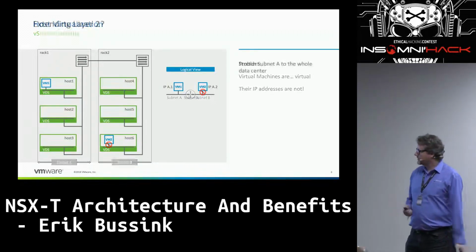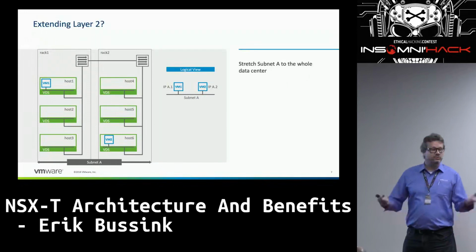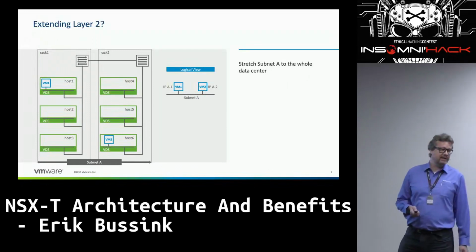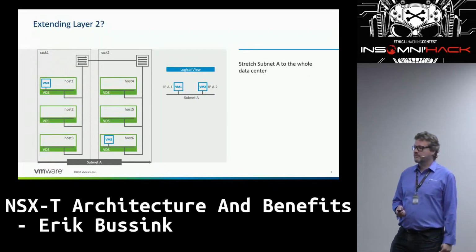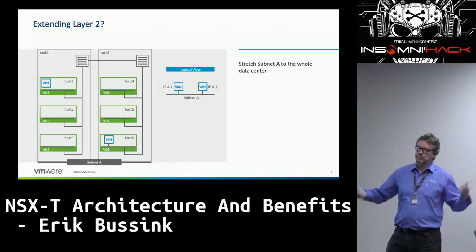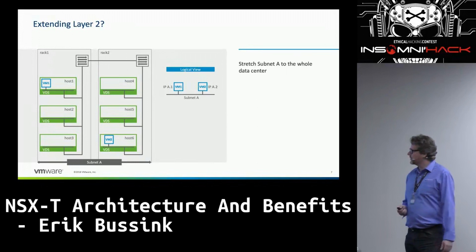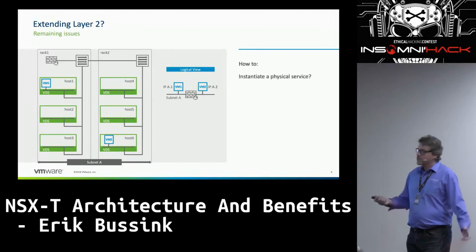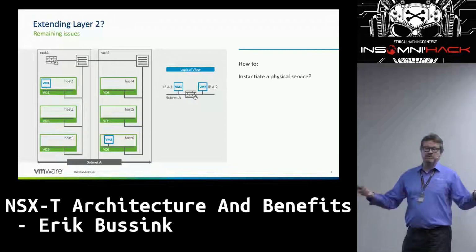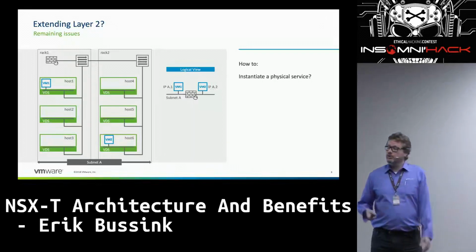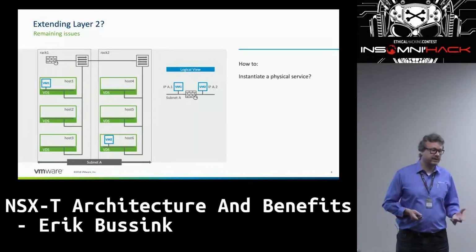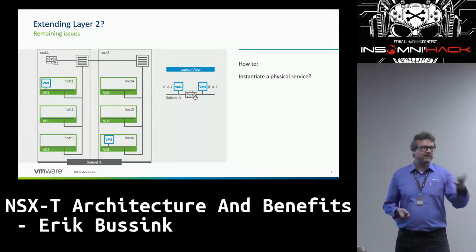So what happened is that people started creating stretched layer 2 LANs. Lots of products came out about 10 years ago to optimize this, but this can also cause us some different issues. So what happens if in a stretch environment with layer 2, you have instances of physical firewalls, load balancers, F5s?